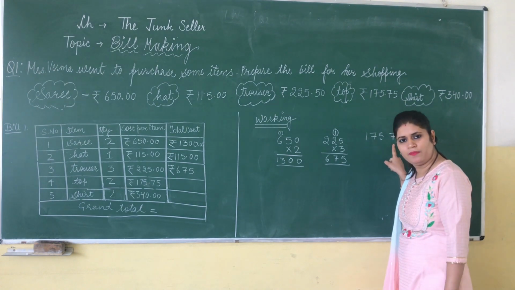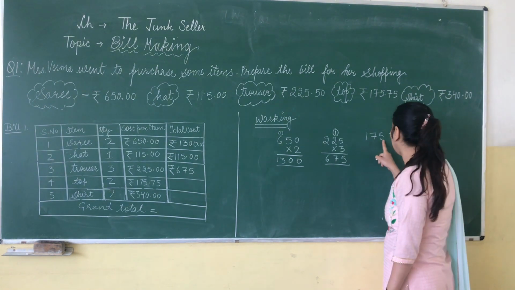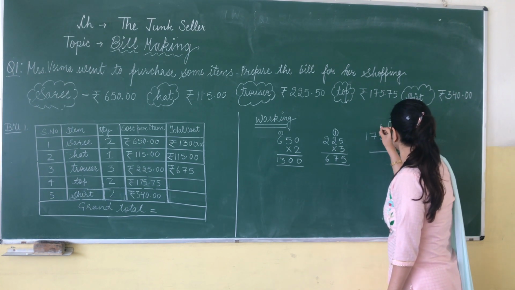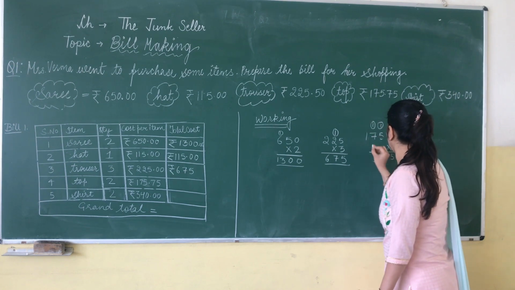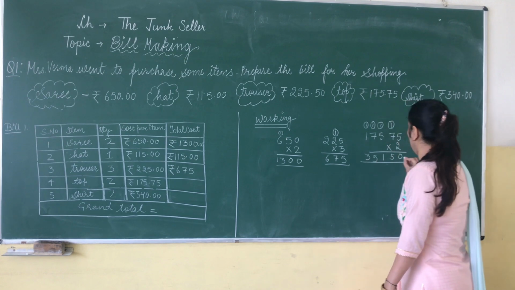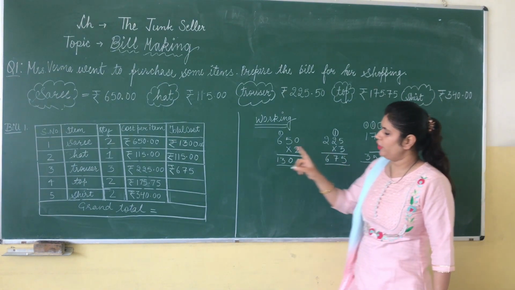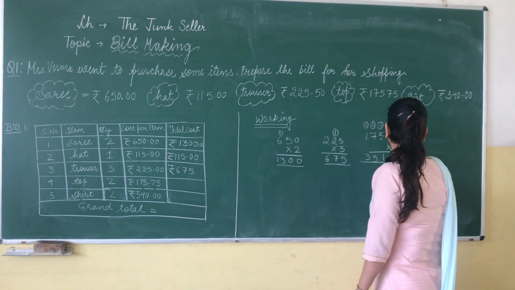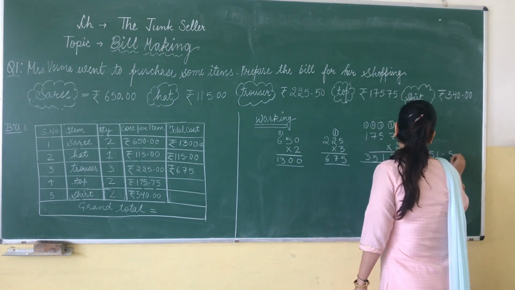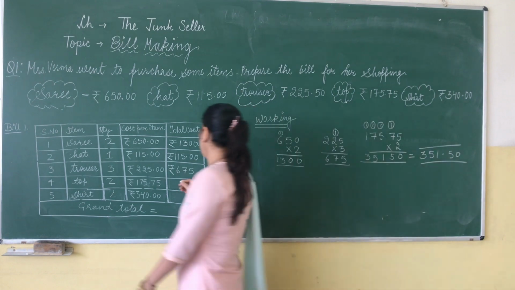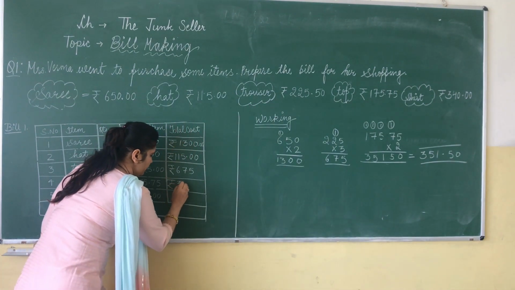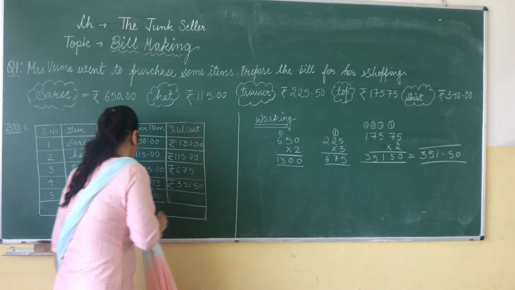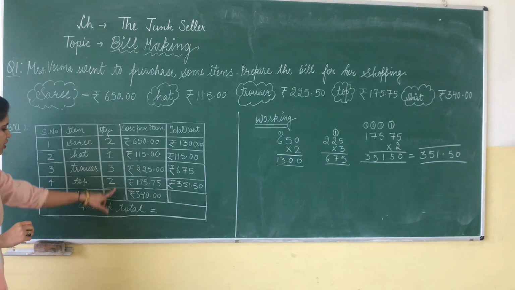We will do the multiplication in a simple way. 17575 into 2. That gives 351.50.